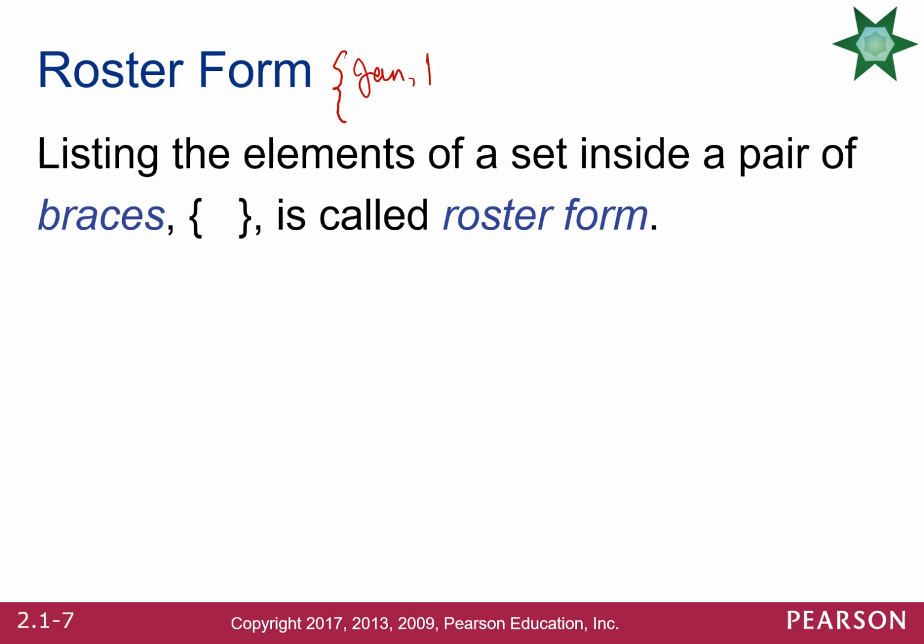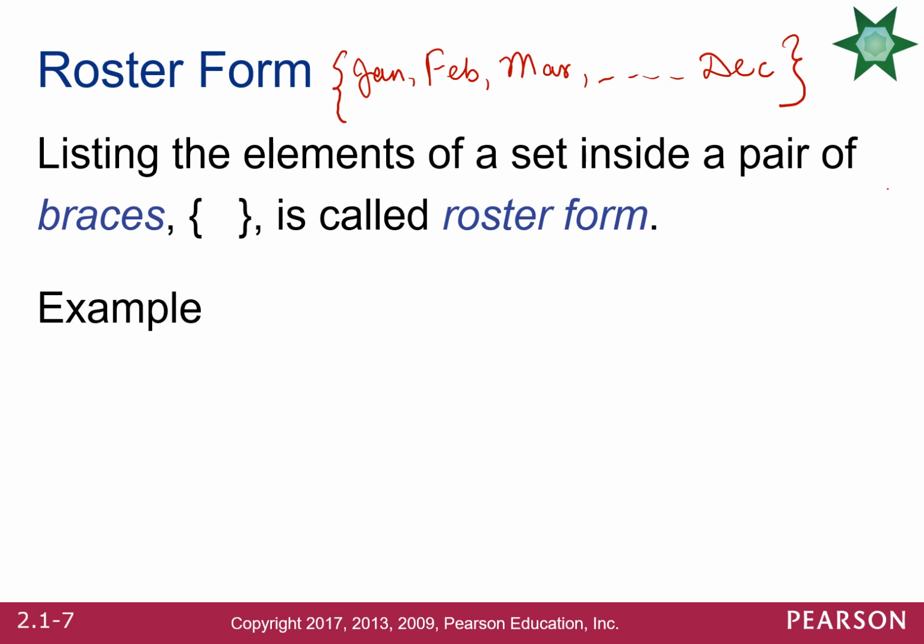So January, February, March. So we would have to specifically spell out the different months of the year all the way to December, and then close it with another curly bracket. All right. So this is the roster form of expressing a set.